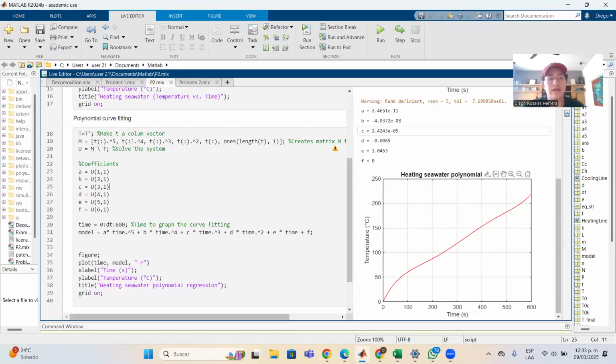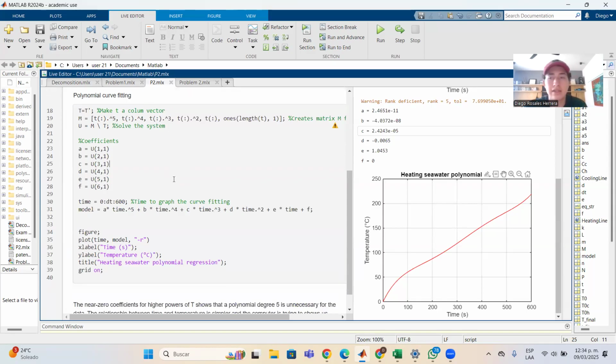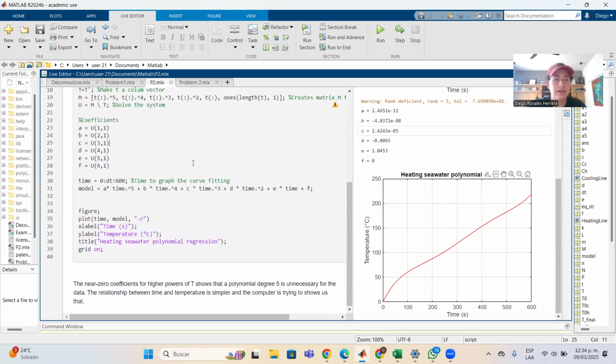First I made t a column vector, and I created m by placing t to the power 5, 4, 3, 2, 1 to make the 5-degree polynomial function, and then the ones, and just solving the system for u, with this type of division. Then I get the coefficients, which are 6, and now I graph this with dt, and I'm getting these results right here.